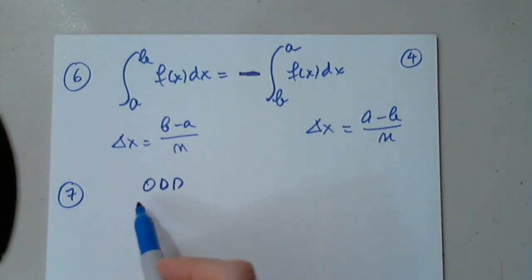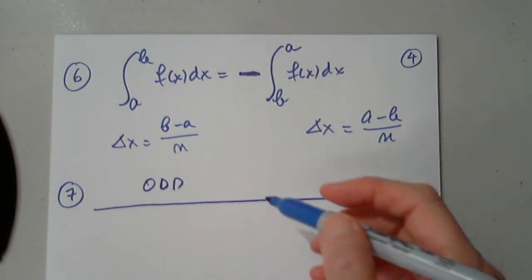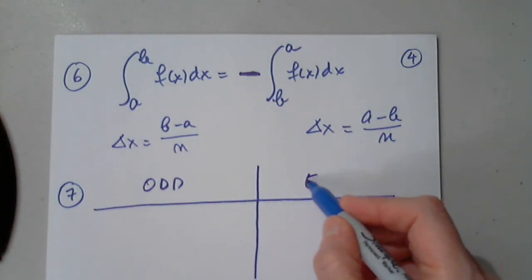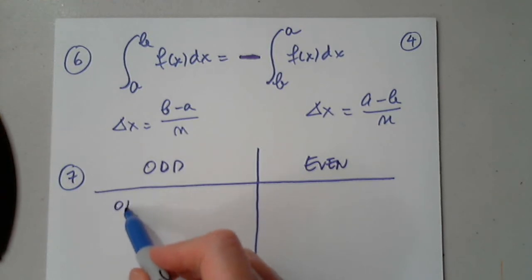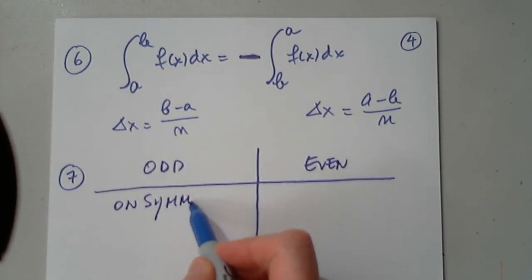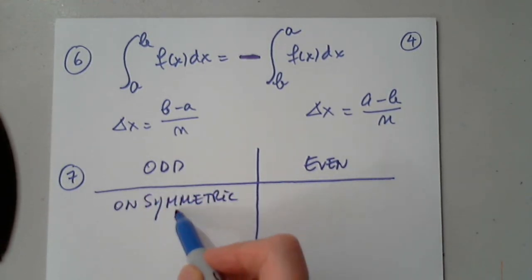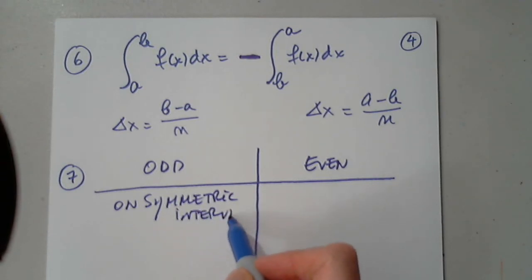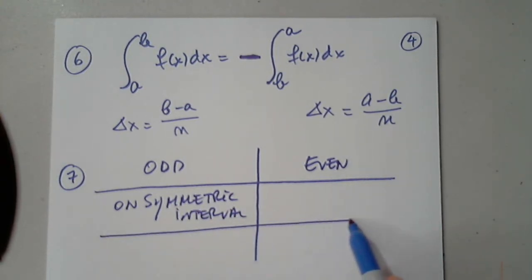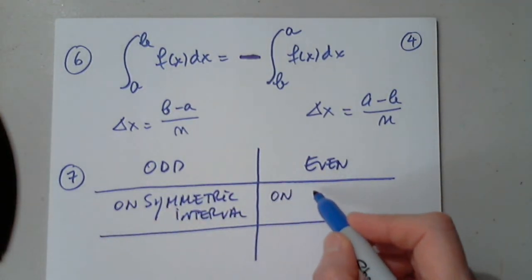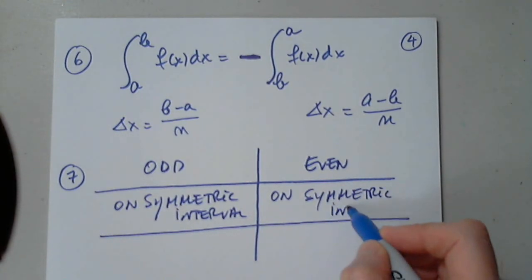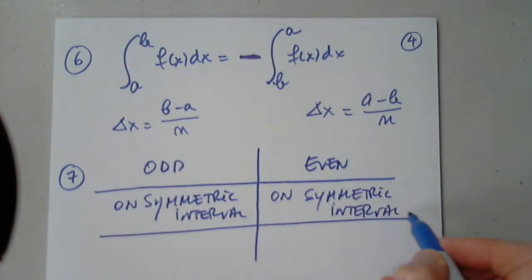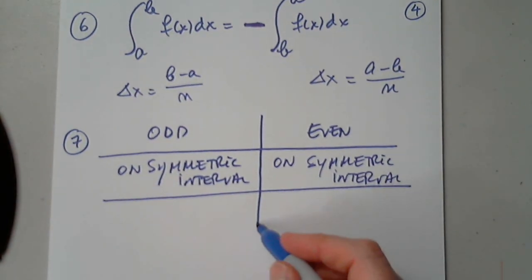Odd, even, both on a symmetric interval. What does a symmetric interval mean?